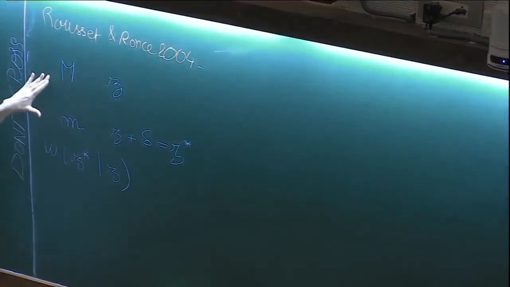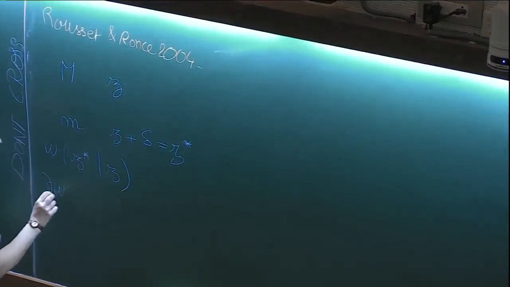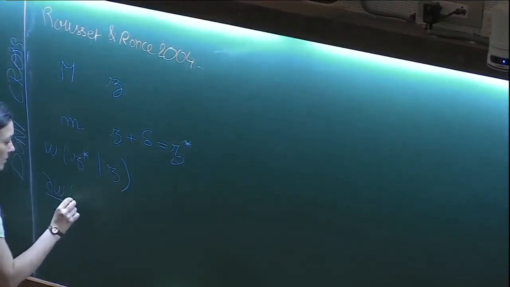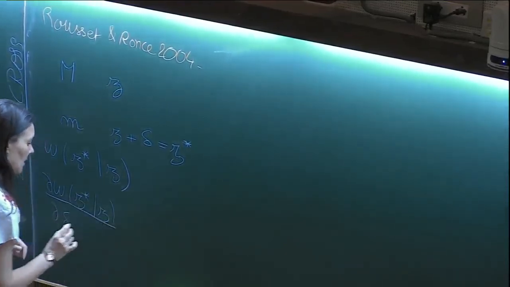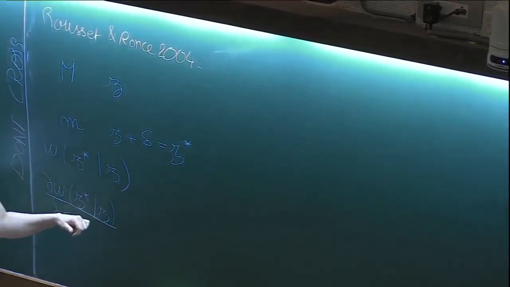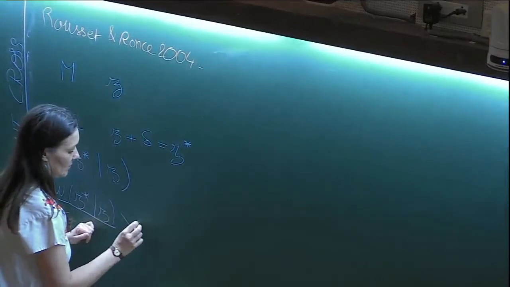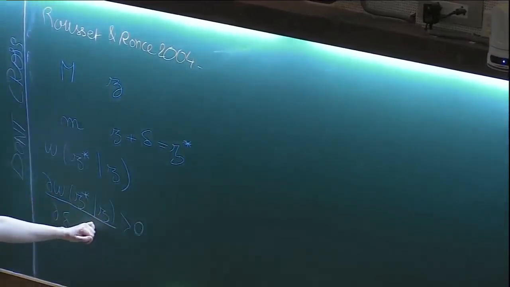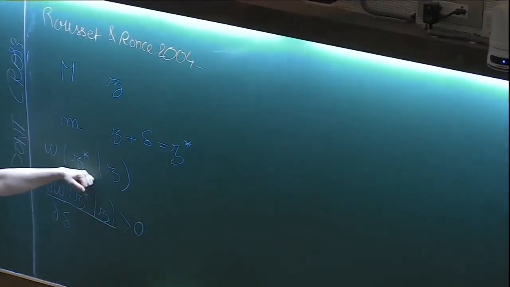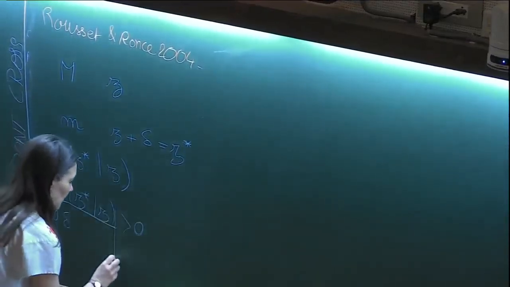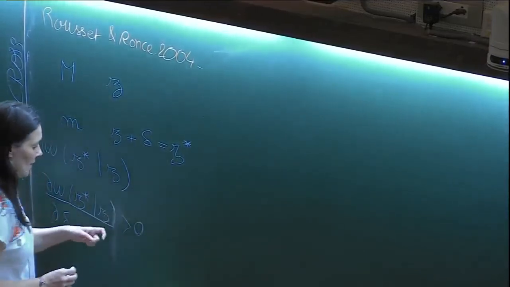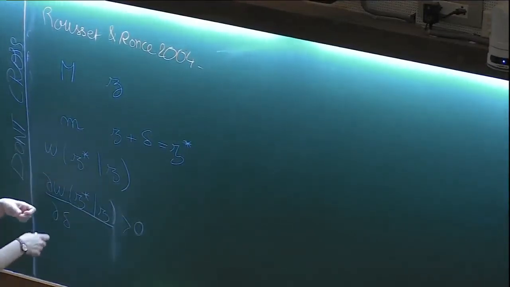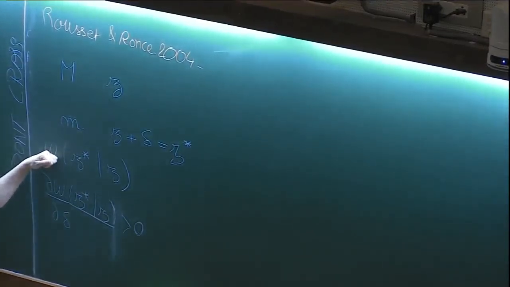Well, first of all, we want to know what type of alleles are able to invade this population. And this will be given by the condition that I wrote up there. So if this is positive, it means that this has a better fitness than the resident.